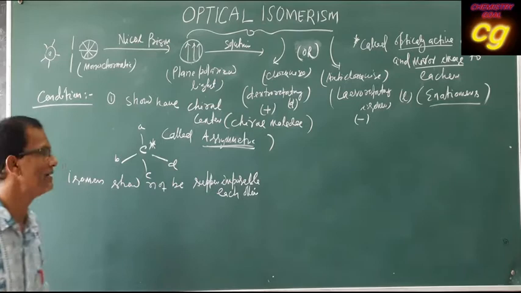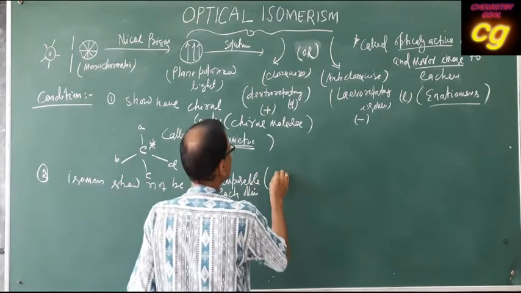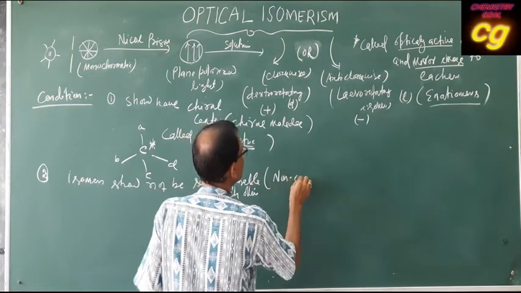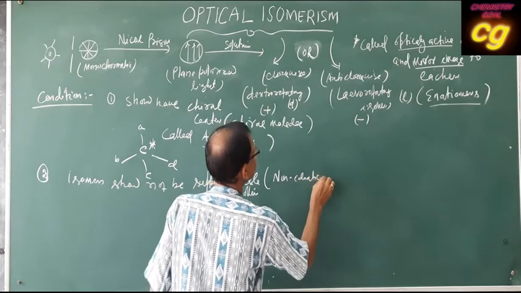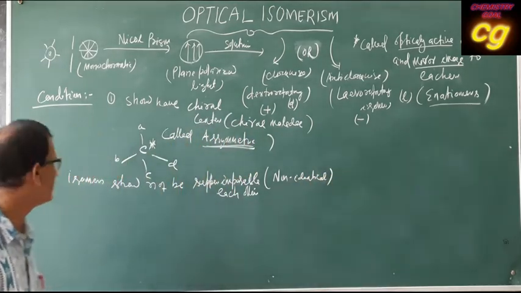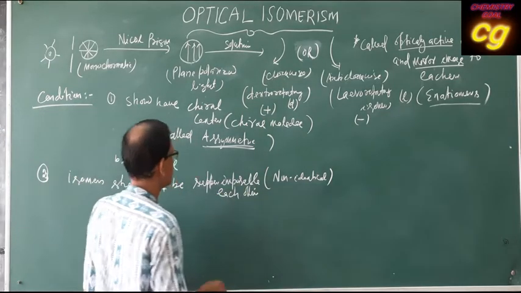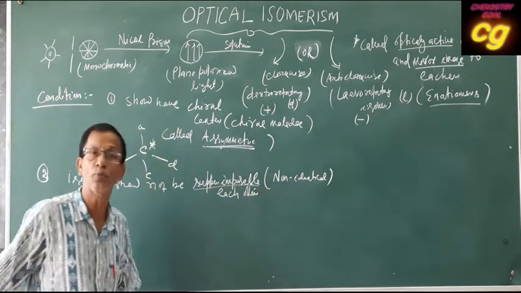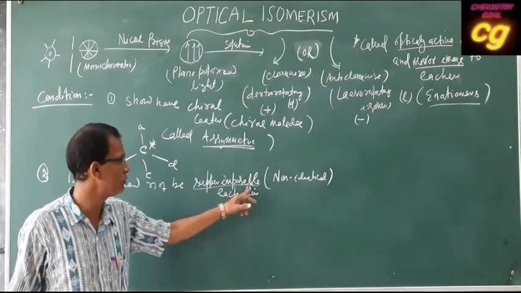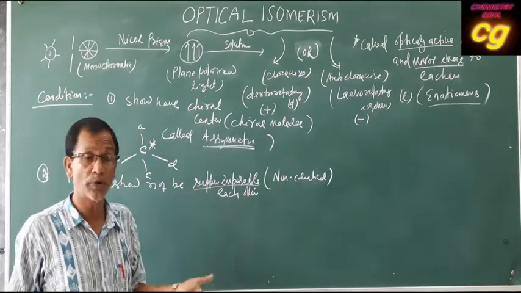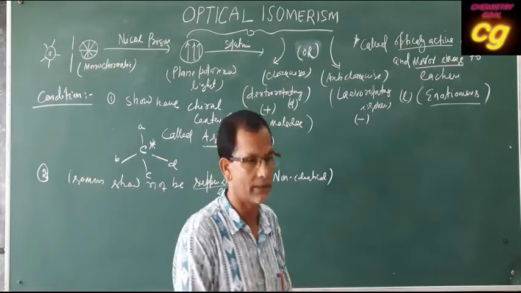That means non-identical. There is no similarity. Isomers should not be superimposed on each other. That means non-superimposable. Superimposed means identical.